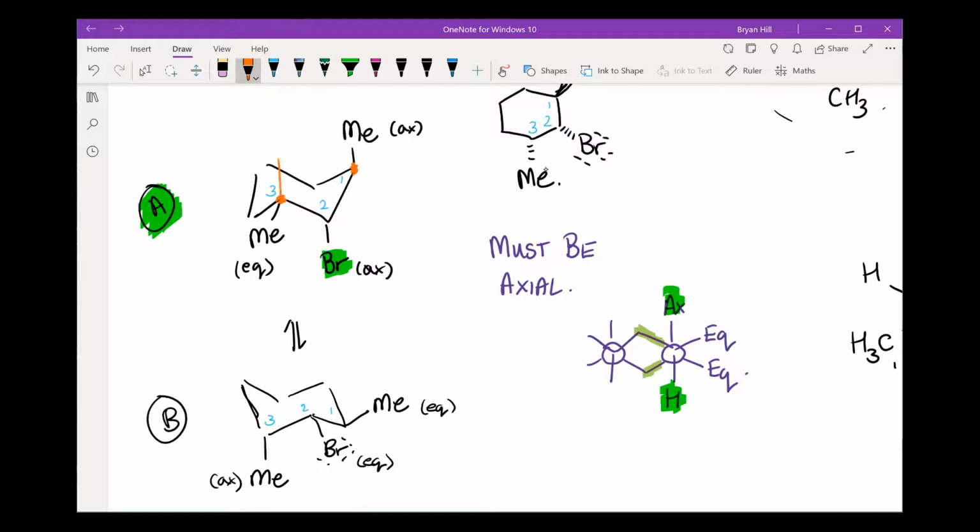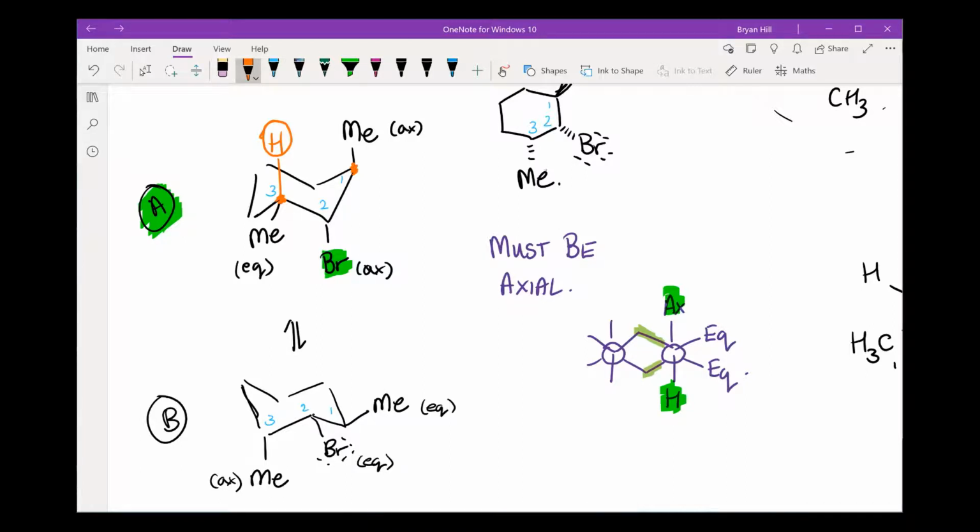And the proton itself has to be axial. So on carbon 3, there's a proton which can be removed. But on carbon 1, the group that's there is a methyl group, and it can't be removed. It has to be a proton. So there's only one possible proton which can be removed, and it would be this one in purple.